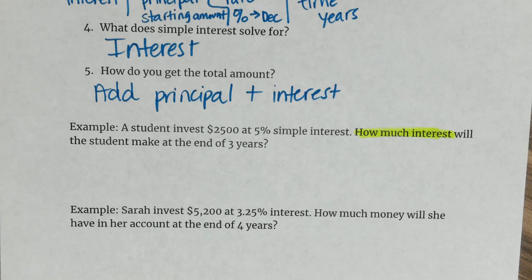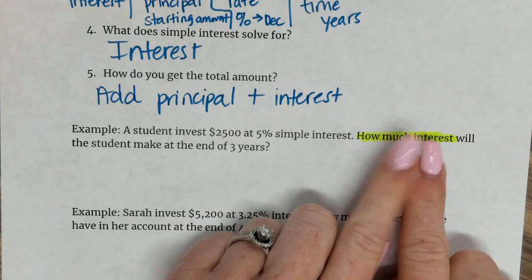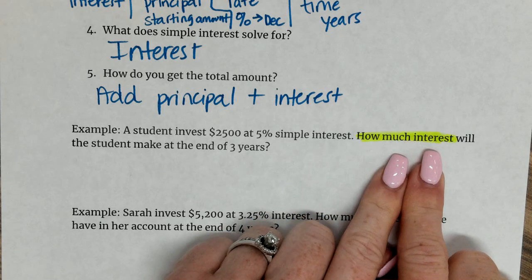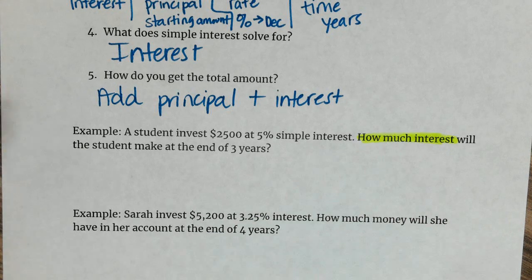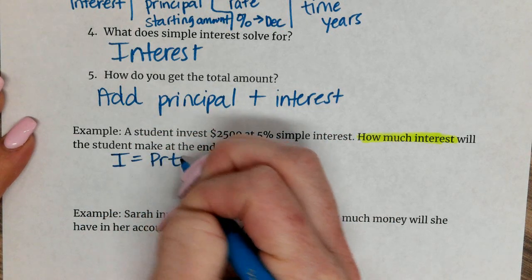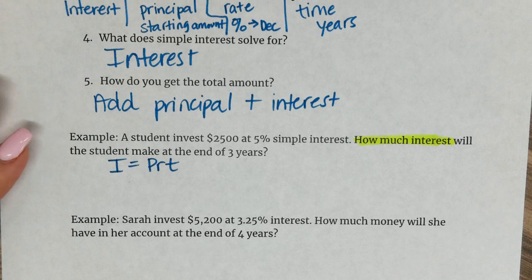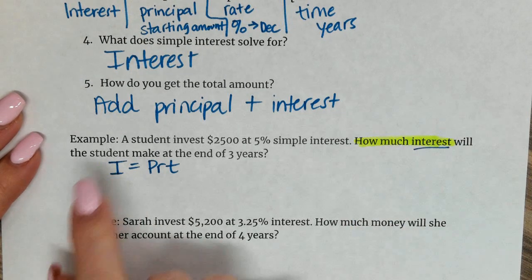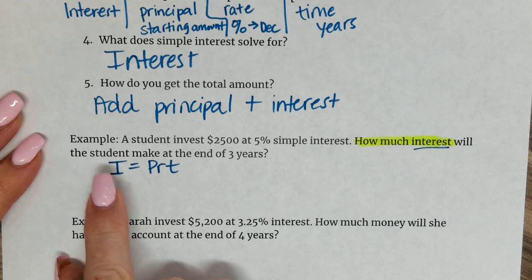If you don't have a highlighter, just circle it, and if you do, highlight it. And then ask yourself, does this formula solve for what it's asking for? Yes, the formula solves for what? Interest. So the formula is I equals PRT. And it's asking for interest, and this formula solves for interest.